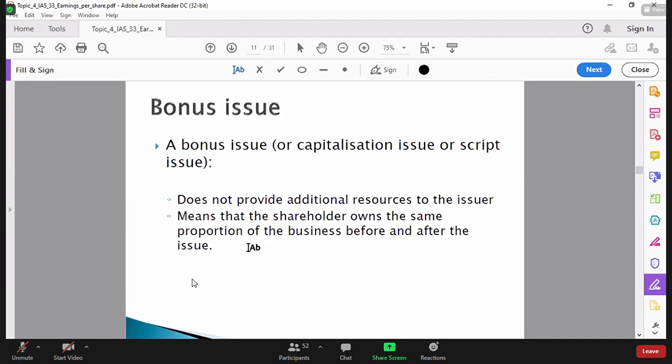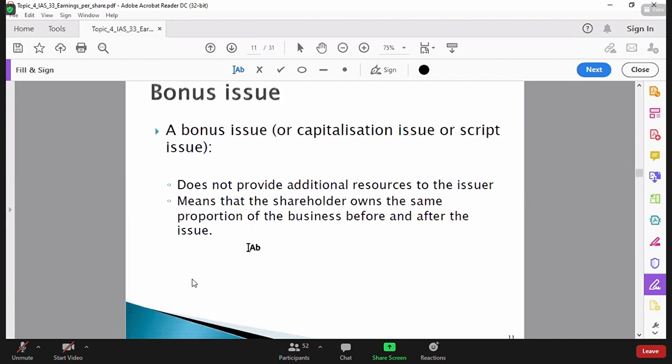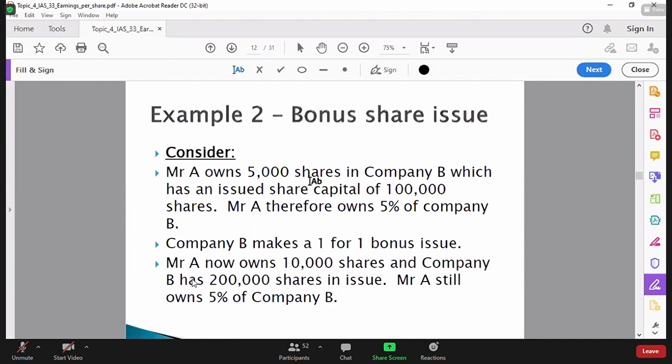Now, even though the number of ordinary shares is increasing, on behalf of the shareholders, the percentage owned is still the same. Okay? An example like this, tell me if you do not understand. You have the bonus issue shares. Look here. Mr. A owns 5,000 shares in company B, which has an issued share capital of 100,000.